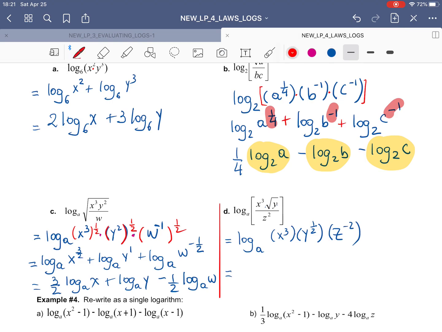So we have product everywhere. And we have log with base a of x to the 3 plus log with base a of y to 1/2 plus log with base a of z to negative 2.